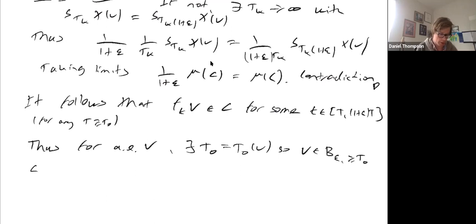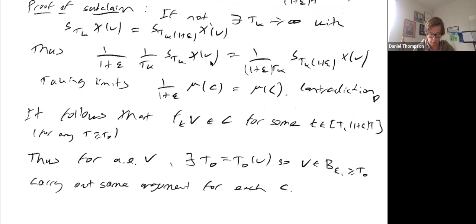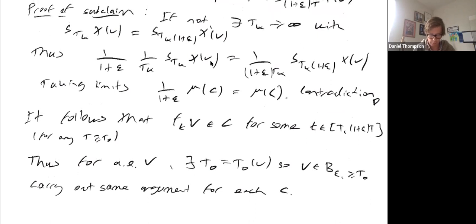But we can carry out the same arguments for each C. Okay. And let's say for almost every V belonging to C, because I wanted these things that recur the way I set it up, right? So that gives us a full measure set.